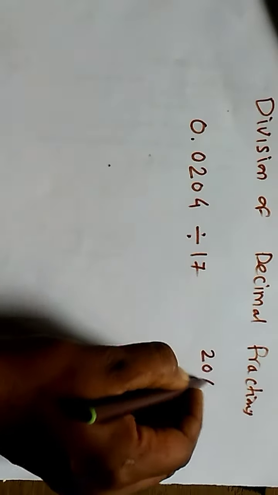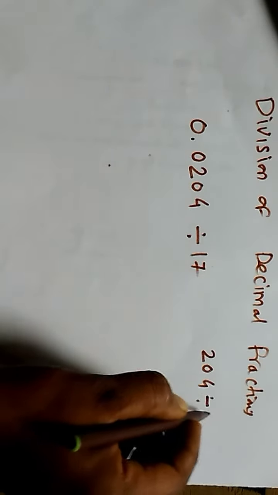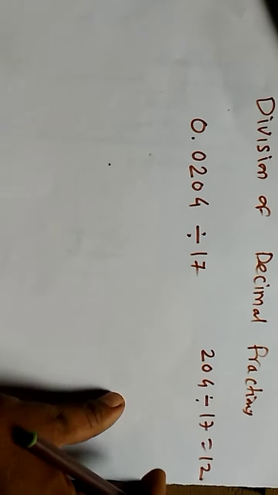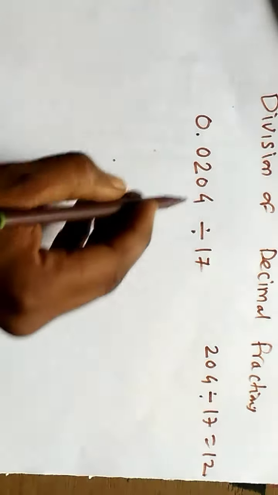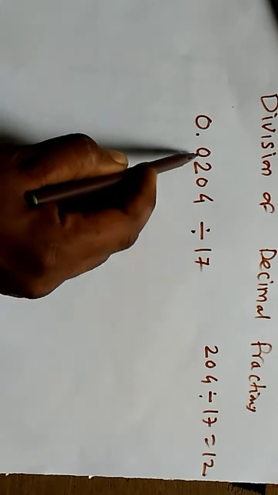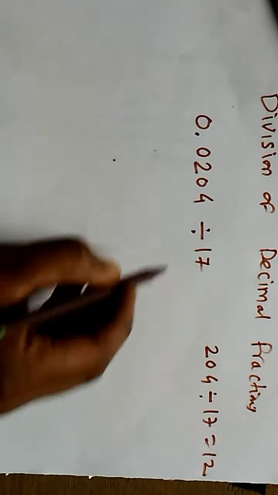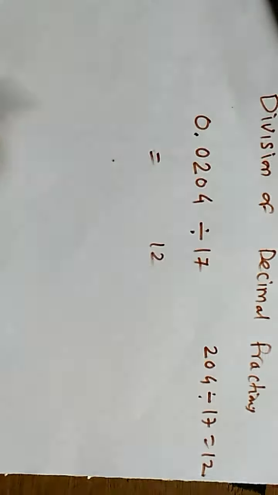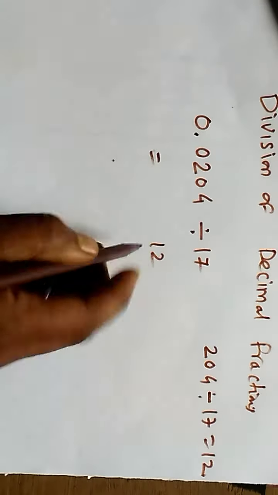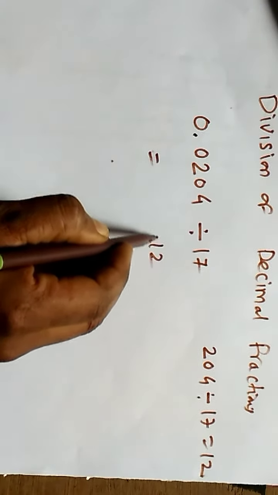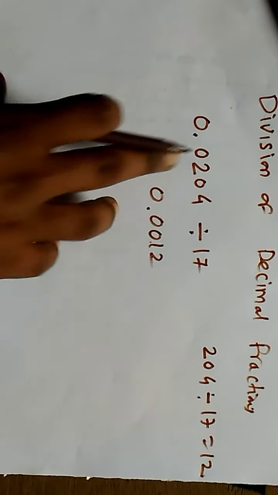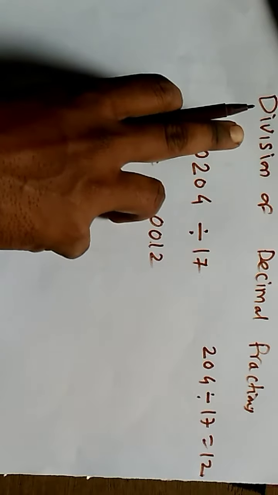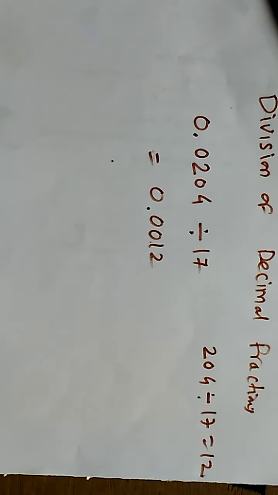When we divide 204 by 17, we get 12. The decimal is after 4 places, so the answer is 12, then we take the decimal point after 4 places: 1, 2, 3, 4, point here. Like this we divide decimal fractions, that is division of decimal fractions.